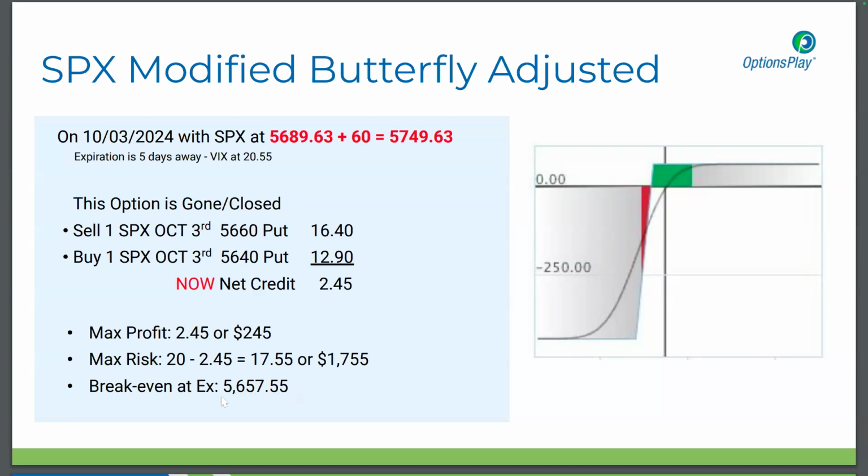But once again, I'm not going to really ride it all the way to the expiration date. And you know, I use this a lot, but when you're doing a trade like this and you bring in this type of net credit, you've got to realize you did lose some money on your long put spread, right? So even if you can buy this back for $1 in this instance, you're still making $1.45 on the whole trade, not just this trade.